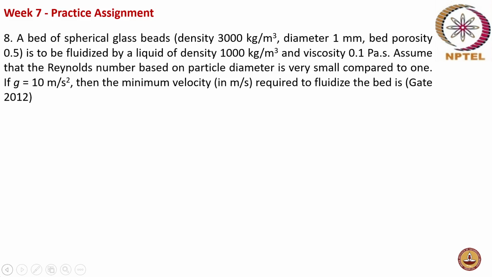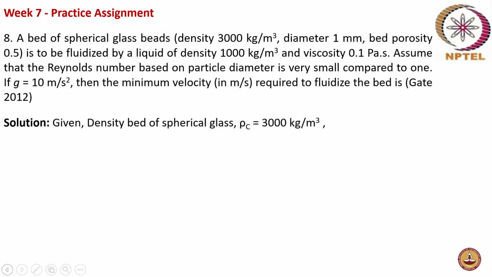So they have asked what is the minimum velocity required to fluidize the bed, or what is the minimum fluidization velocity. This is again a GATE question, asked in GATE 2012. So how do we solve this problem? Here again, what are the parameters given? So they've given a bed of spherical glass beads.